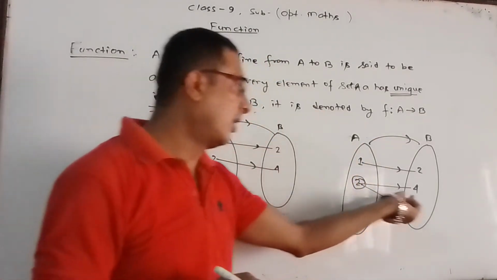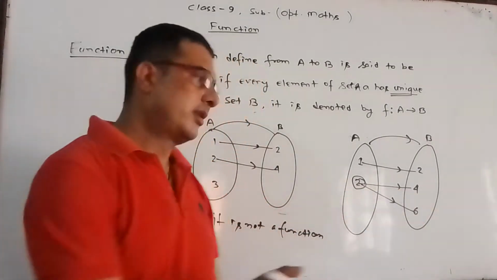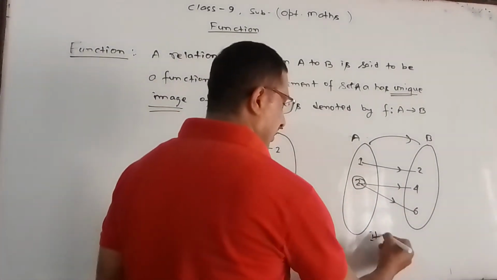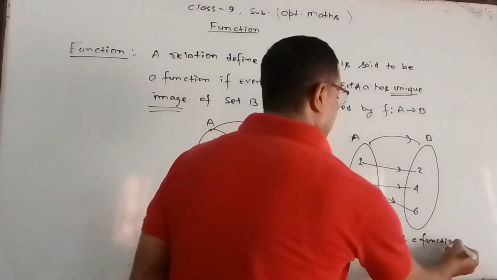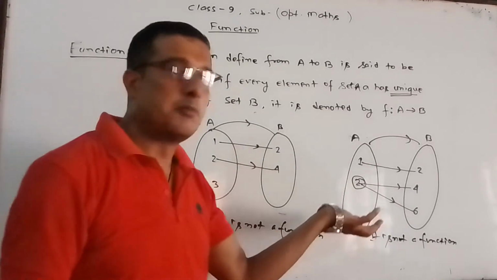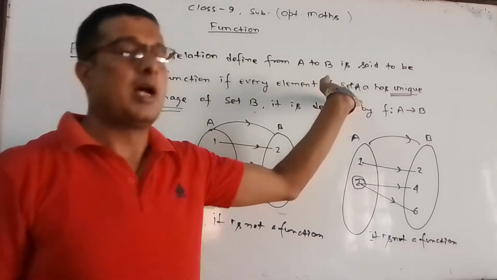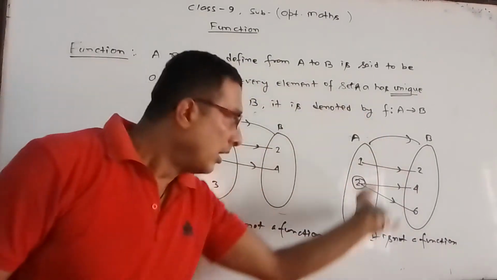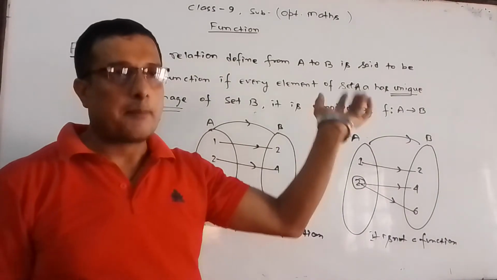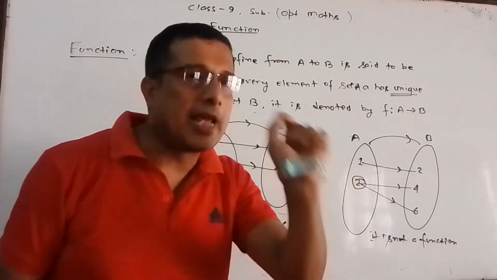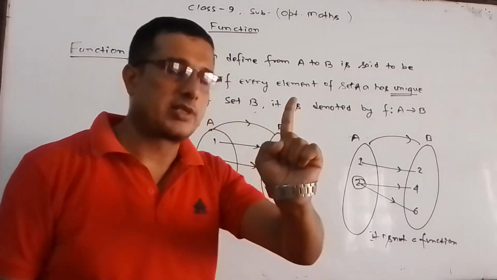So it is not a function because here 2 has two images. It is a relation, but it is not a function. Our definition is that all elements of set A are mapped with a unique element of set B. Unique means having only one image.